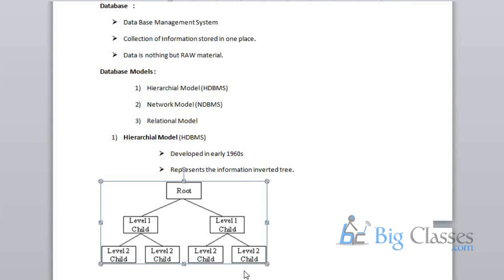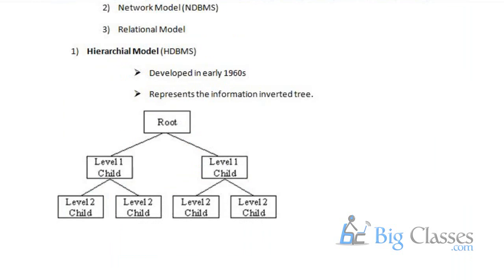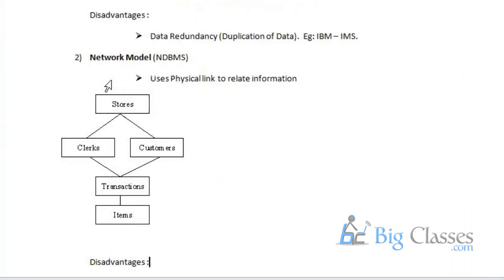The disadvantage with this hierarchical model is data redundancy, that is duplication of data occurs because of this model. The example of the hierarchical model is IBM's IMS, that is Information Management System.